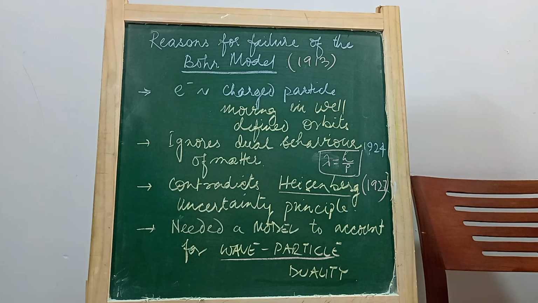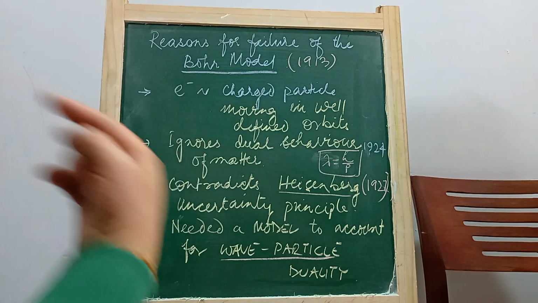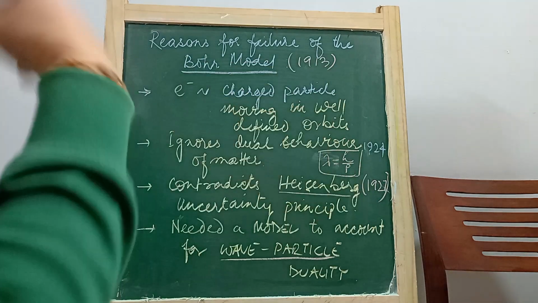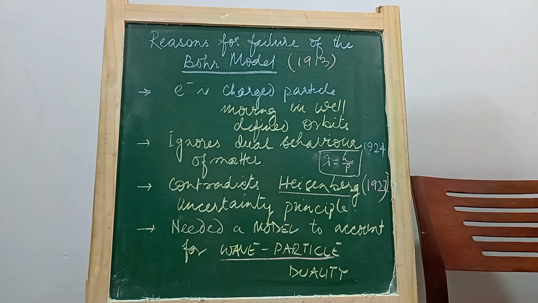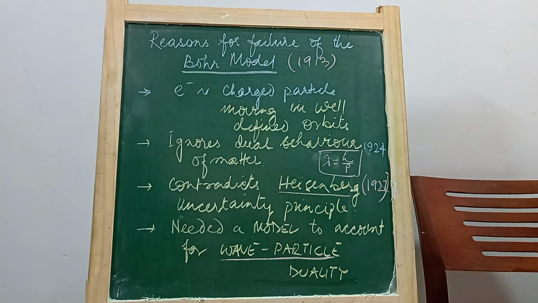According to Bohr model, electrons are charged particles moving around the nucleus in a fixed path, since we can calculate the radius of the path in which they are revolving around the nucleus, and we were also able to calculate the velocity of the electron while moving in those paths.